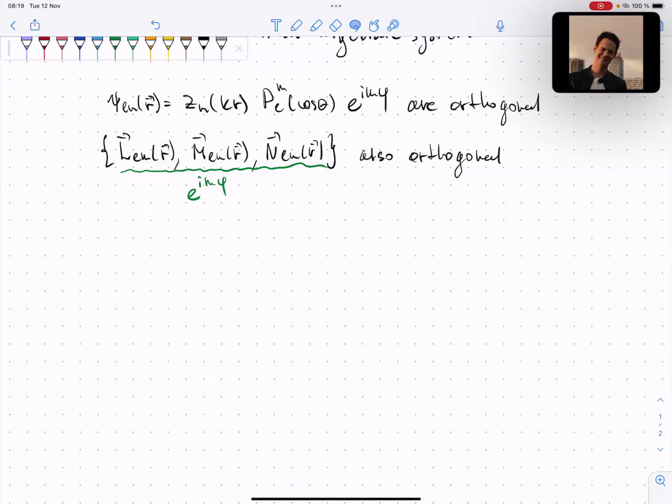The same can be derived for the integral over the angle theta.